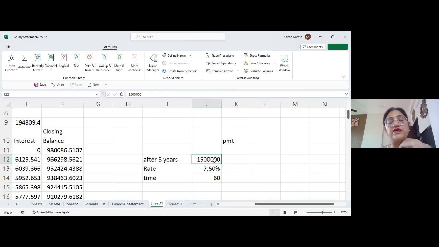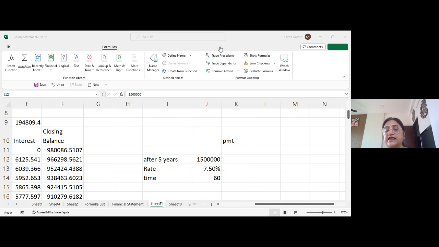Is 15 lakh a PV or FV? You can write down in the chat box now. See, after 5 years, I need 15 lakh rupees.